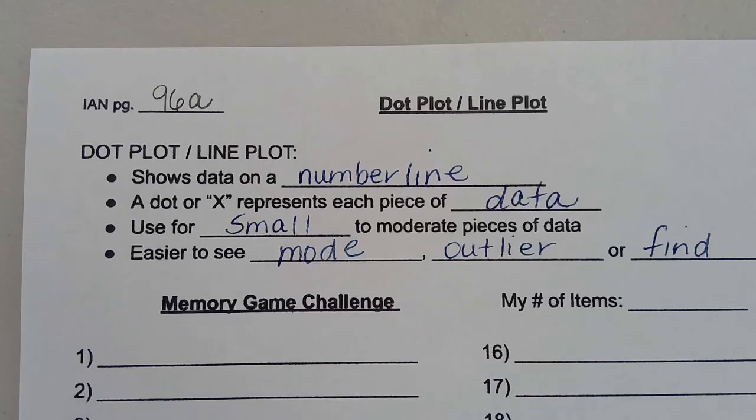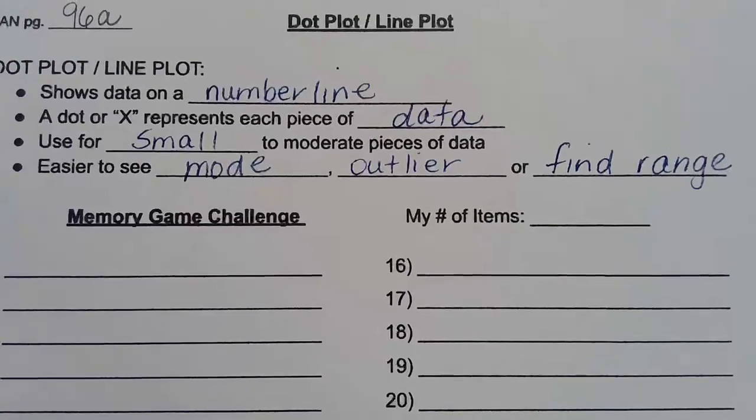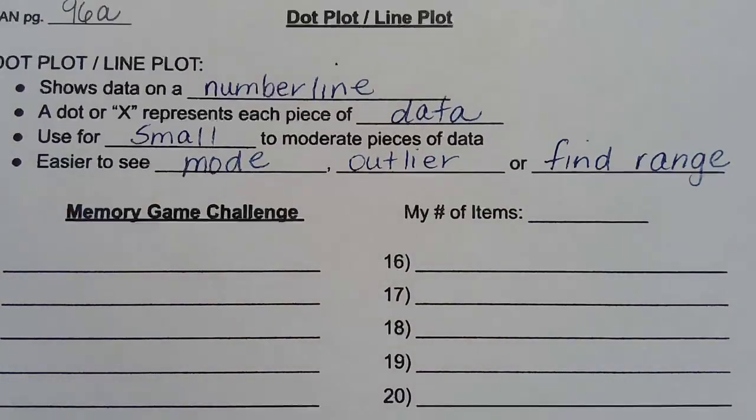Somebody said subtract. That's great. What do I get? The range. So I can find the range. Okay? So those are going to be easier to see when we have a line plot. Different ways of organizing our data we're going to do for different reasons. And so if I'm looking for these things, I'd want to have a line plot or dot plot.